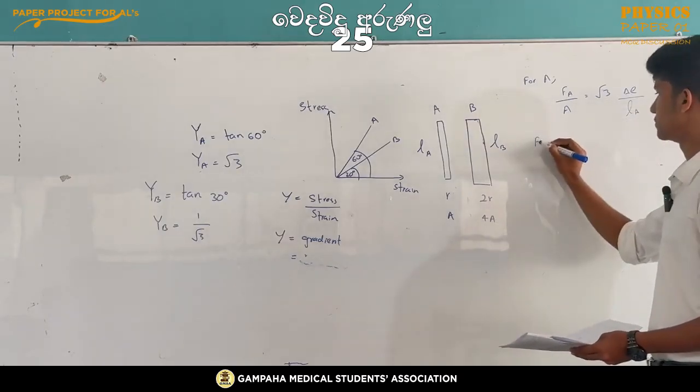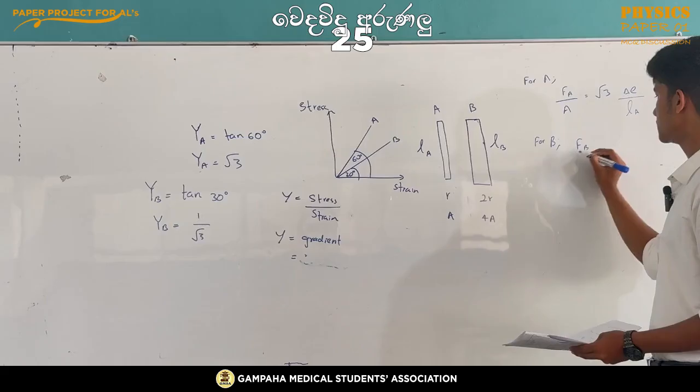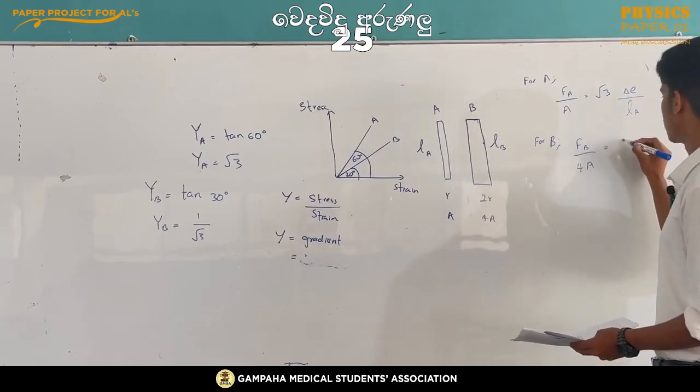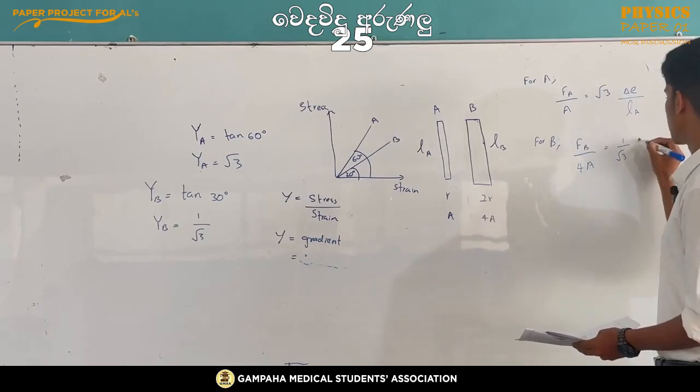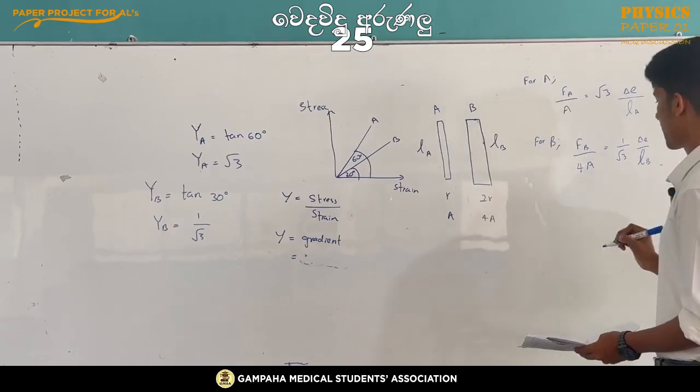Then for B, FB over 4A equals 1 over root 3 delta E over LB.